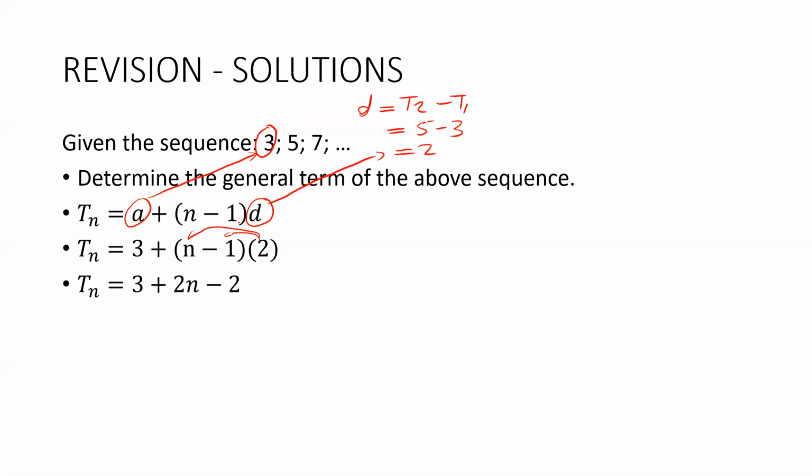Perfect. Now these two are like terms, right? Yes. So what can we do? We're going to say 3 minus 2 equals 1. So you'll be left with 2n plus 1. We good? Yes. And this is now the formula that you can use to find anything that they want.